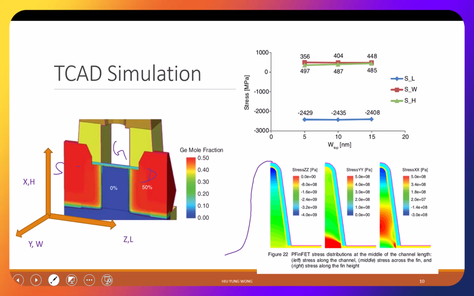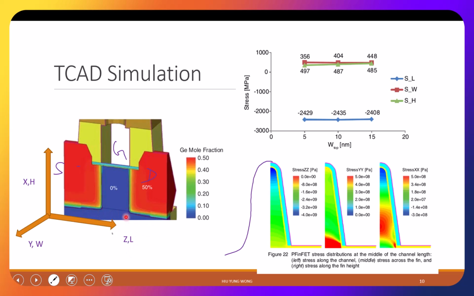So let's just quickly take a look. For example, here SL has negative 2 gigapascal. This is megapascal, so it's 2 gigapascal. Very huge stress. SL, what's L? L means along the channel. I did not say it, but here I show you, it is in the Z direction.